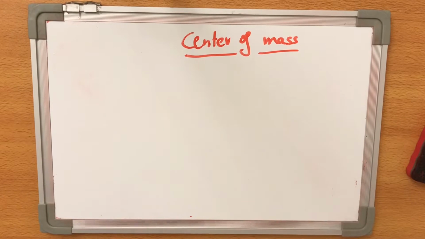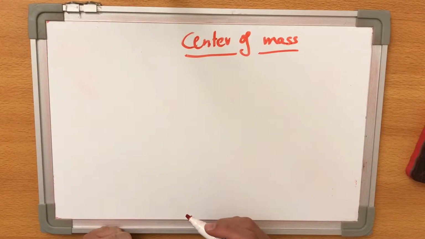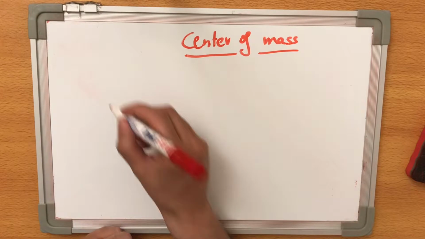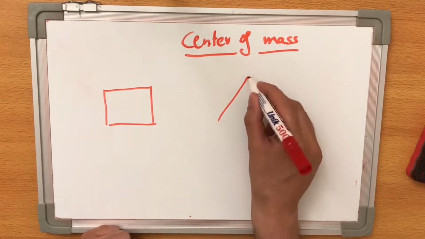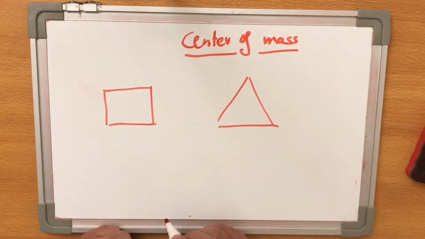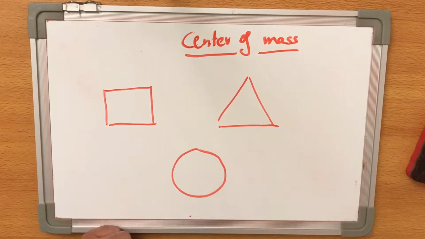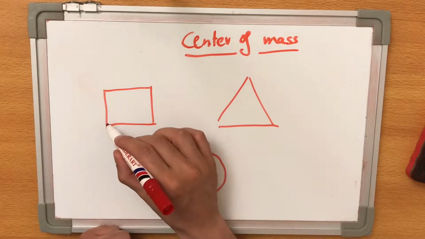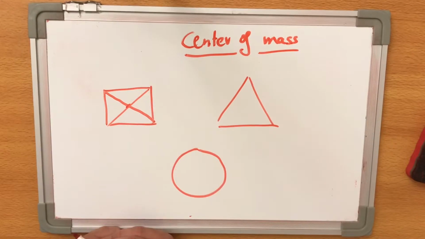Let's see how we can find the center of mass of any object. If we have a regular object or a regular shape like a square or a triangle or a circle, the center of mass will be the intersection of diagonals.